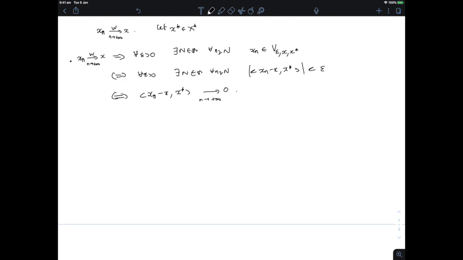Now, in the other direction, I assume that <x_n minus x, x*> tends to 0 as n goes to infinity for every x* in X*.